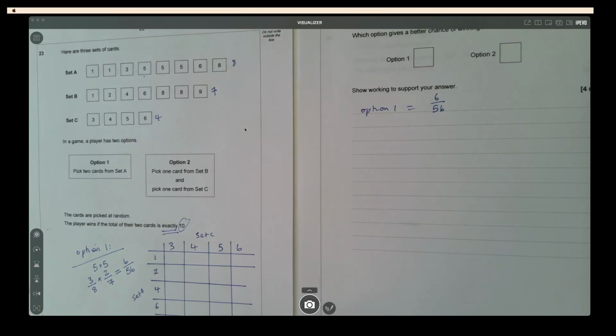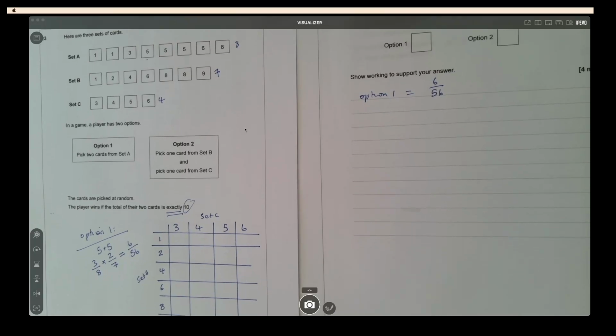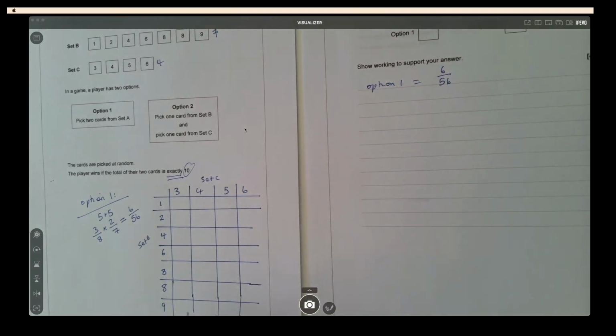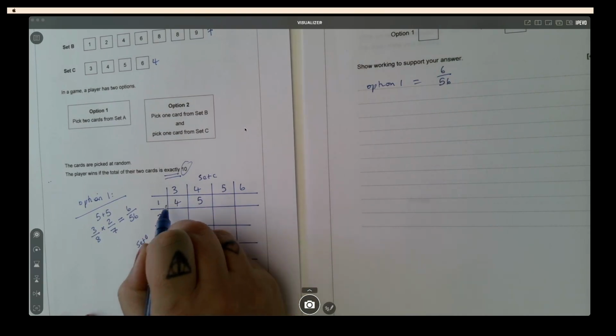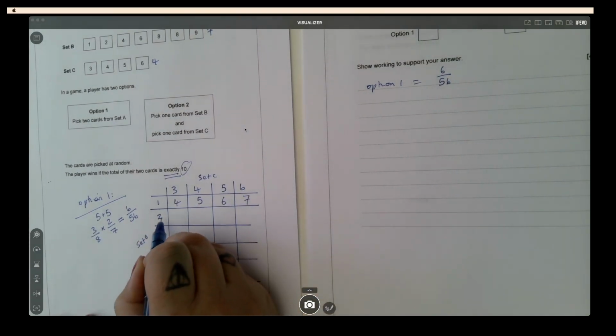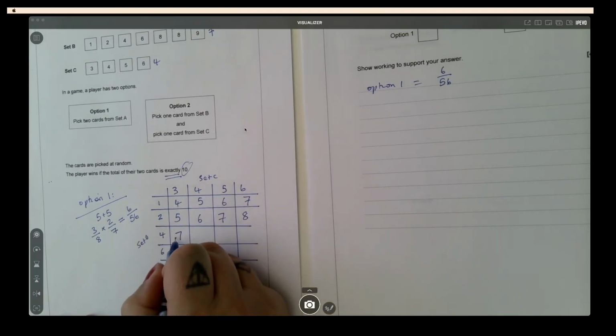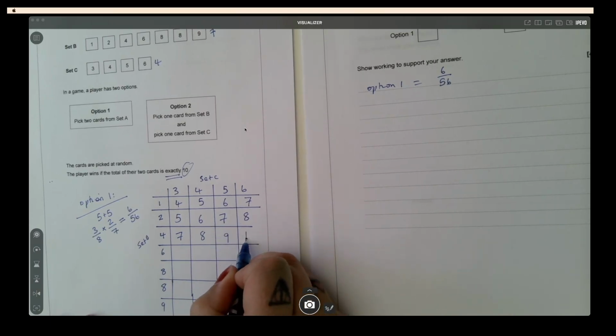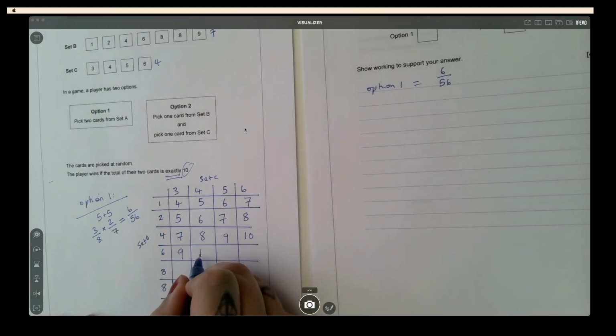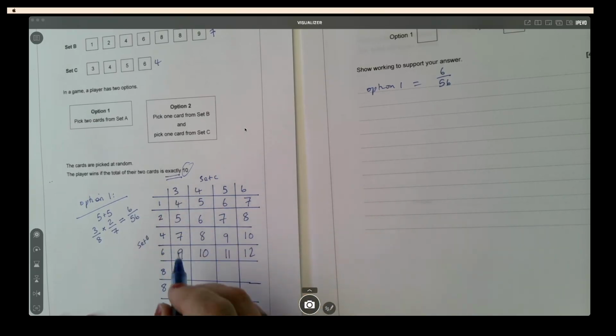Doesn't have to be perfect, it just has to organise the information for you. So when they pick each card, they total. So 1 plus 3, 1 plus 4, 1 plus 5, 1 plus 6, 2 plus 3, 5, 6, 7, 8. 4 plus 3 is 7, 8. 6 plus 3, 8 plus 3, 8 plus 3 again, and then 9 plus 3, and then we're adding all the others, but obviously we're spotting that they're going up in consecutive numbers.